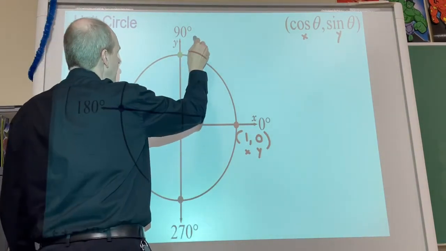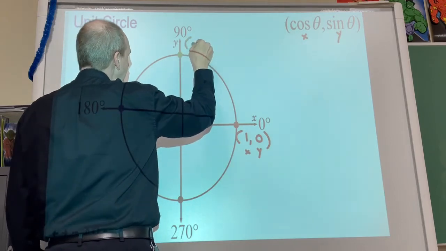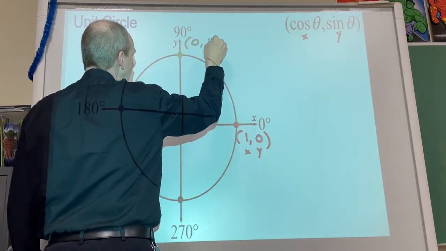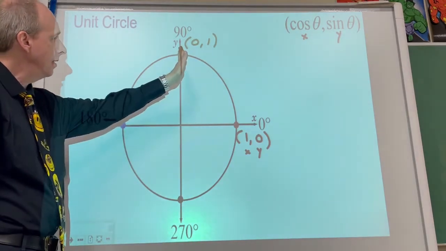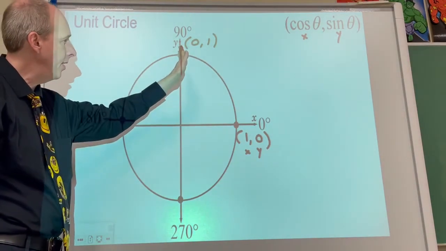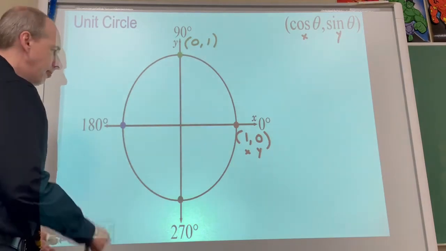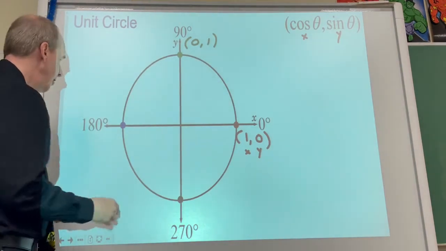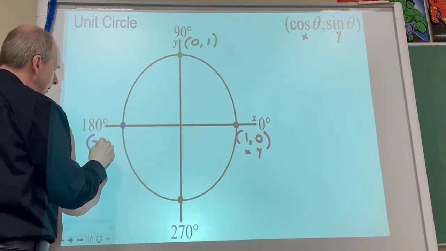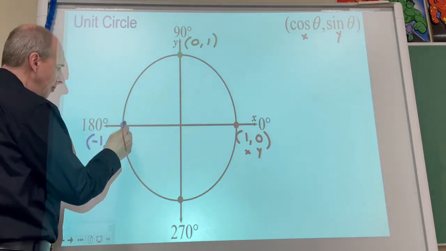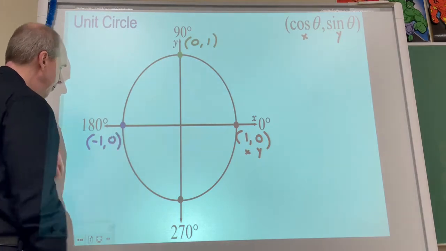We've got 90 degrees. If we went straight up, that would put us at 0, 1. Cosine of 90 degrees, 0. Sine of 90 degrees, 1. So reading your unit circle, those key angles. Over here, we went left 1 unit, so that would put us at -1 for the x value, but we didn't go up or down, so that would be 0.